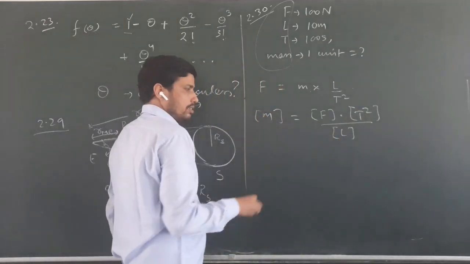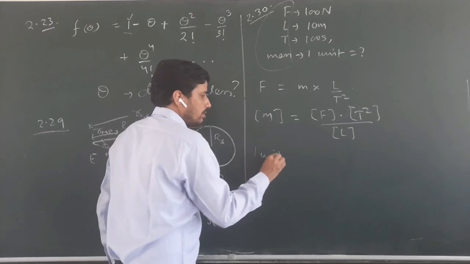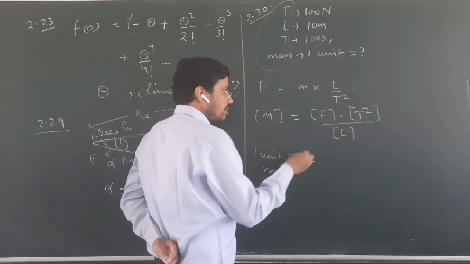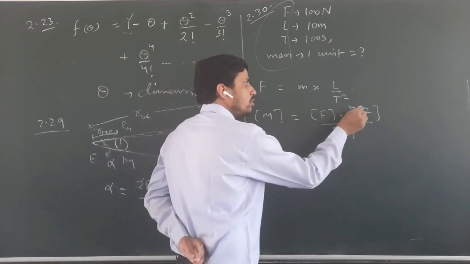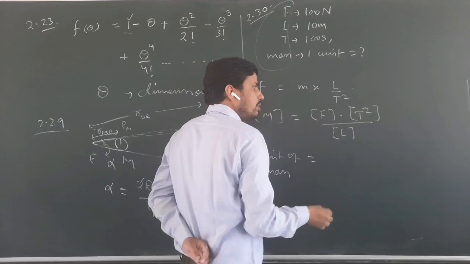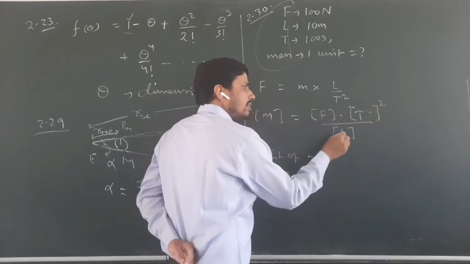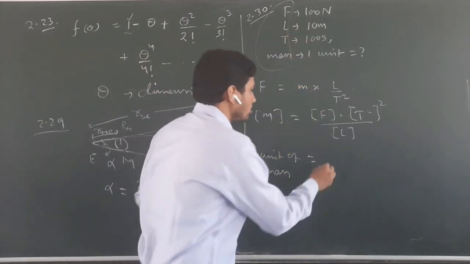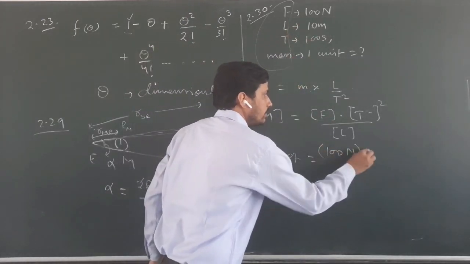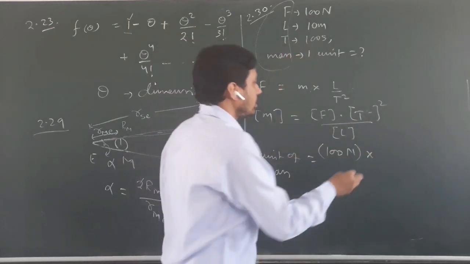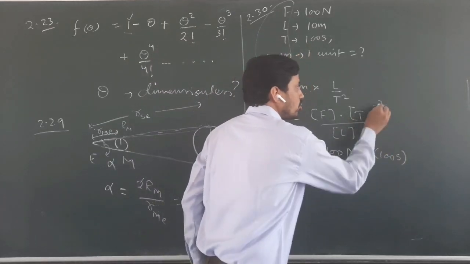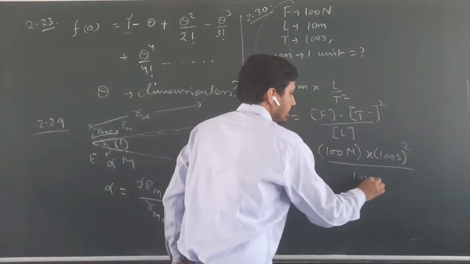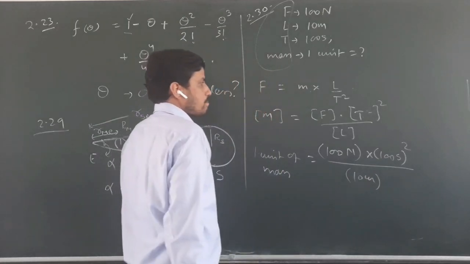Therefore, looking at this dimensional formula, you can write the unit of mass. It should be 1 unit of force into the square of 1 unit of time, divided by 1 unit of length. So let's write the values. For force, 1 unit will be 100 Newton, into, for time it is 100 seconds, squared, divided by, for length it is 10 meters.